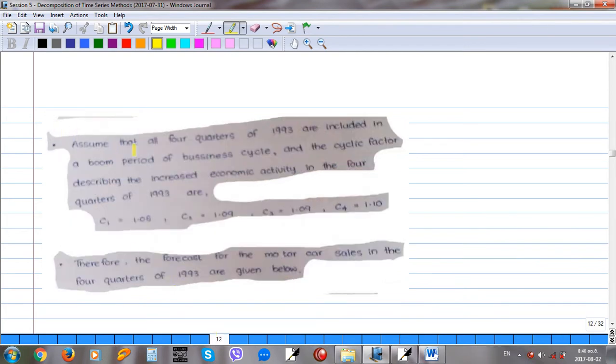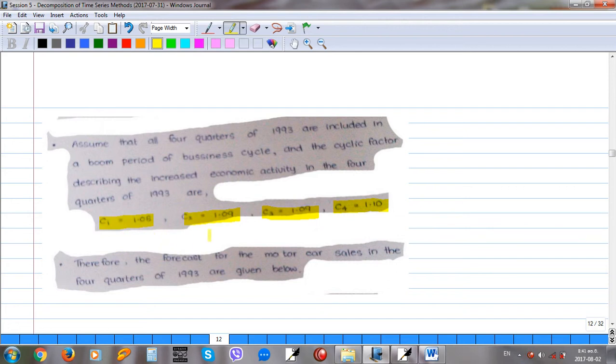And assume that the four quarters of 1993 are included in a boom period of the business cycle, and the cyclic factors describing the increasing economic activity in the 4 quarters of 1993 are given: C1 equals 1.06, C2 equals 1.09, C3 equals 1.09, and C4 equals 1.10.